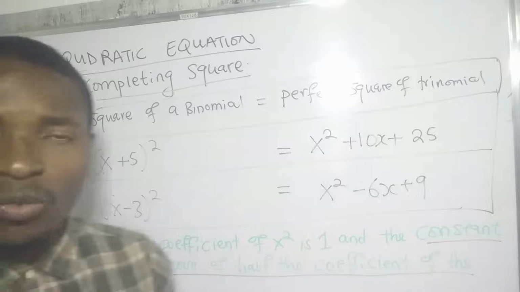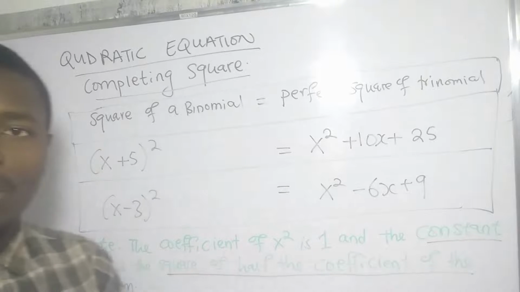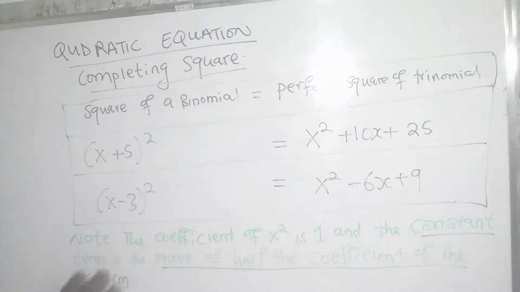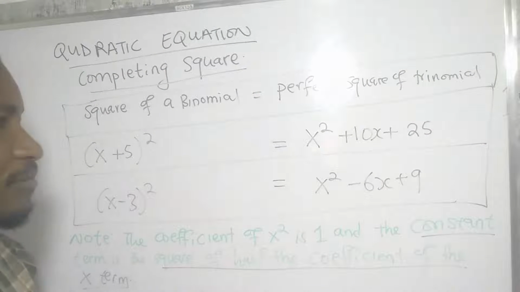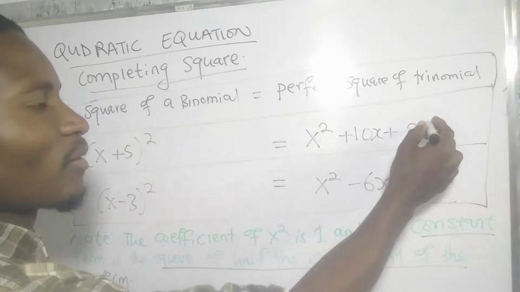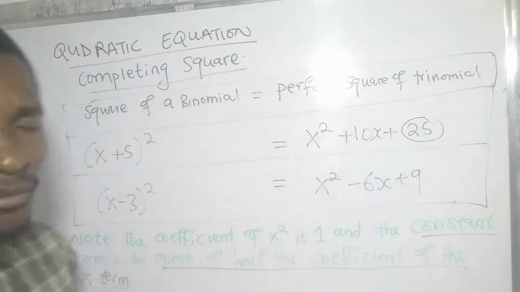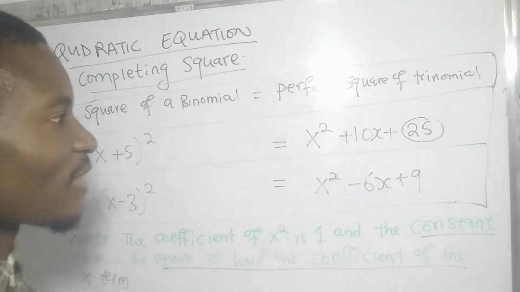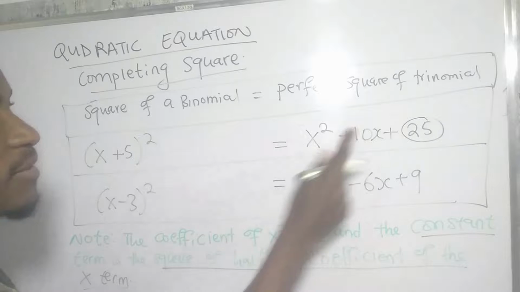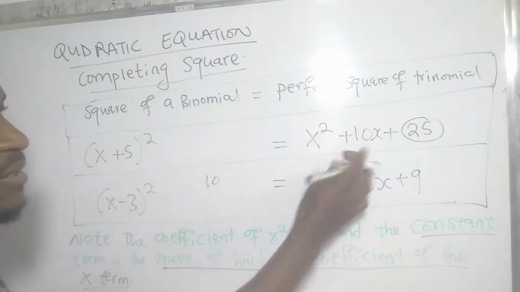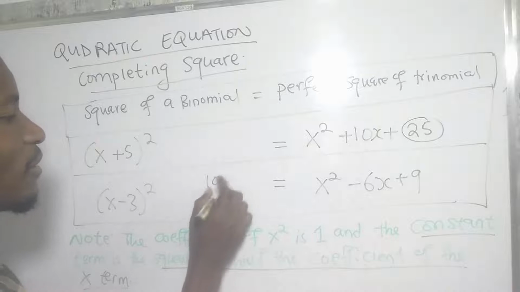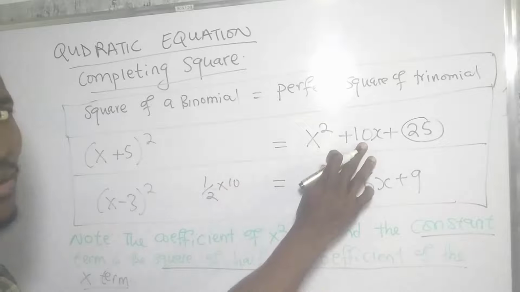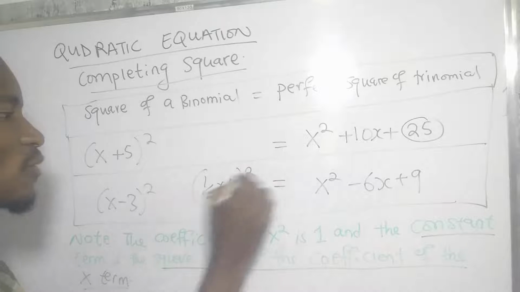Okay, now with that said, what I want you to understand is the concept that I've written down here. When you look at this number, for me to get it, I take half, multiply by this 10, and then square it.